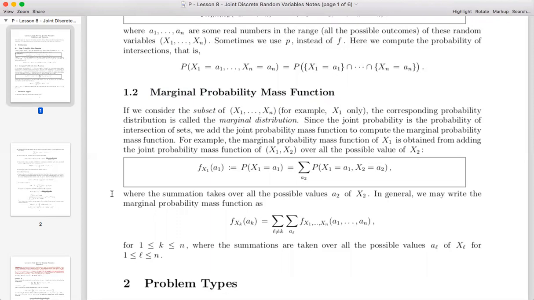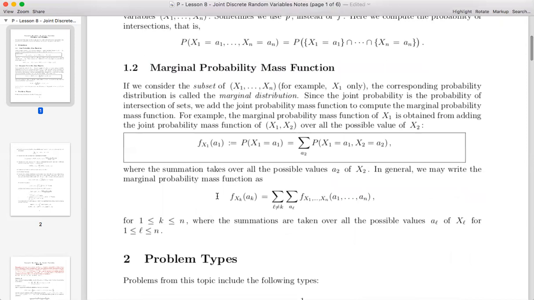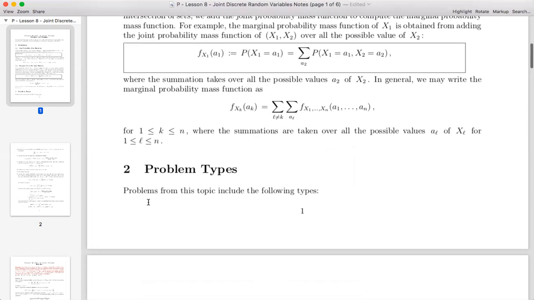For example, the marginal probability mass function of x1 is obtained by adding the joint probability mass function of x1 and x2 over all the possible values of x2. So f of x1 at a1 is equal to the probability that X1 is equal to a1, or the sum over all possible a2 of the probability that X1 is equal to a1 and X2 is equal to a2. And if you had the continuous case, that is when we would integrate and not just take the sum.